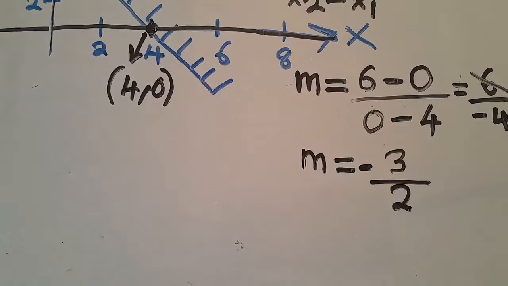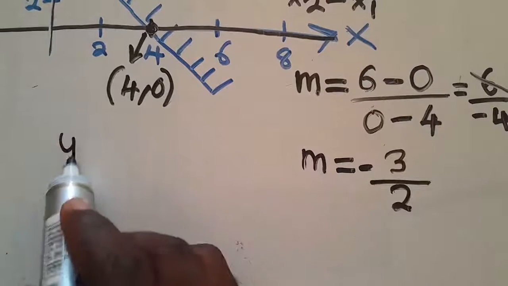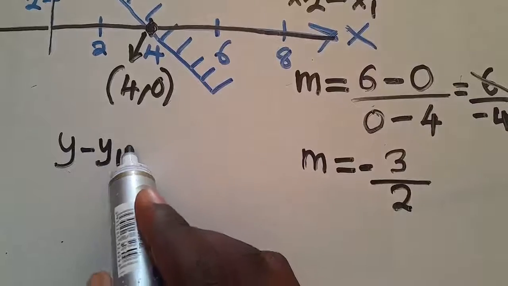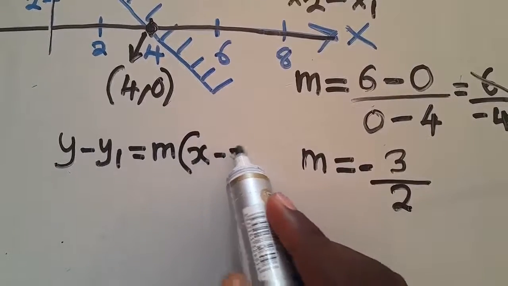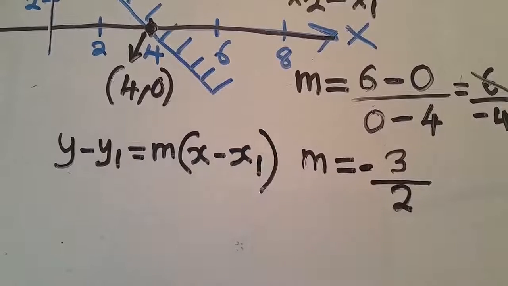After you find the gradient, then you write this formula: y minus y1 is equal to m(x minus x1). I want you to master this formula. We've got two formulas that we get to use, but under coordinate geometry, I did this one. I don't want to confuse you.